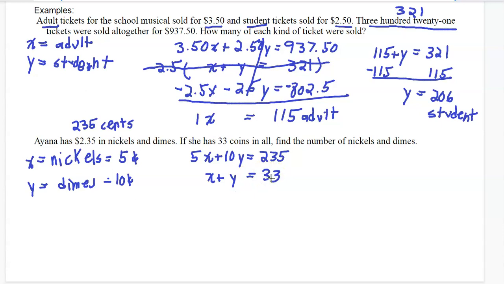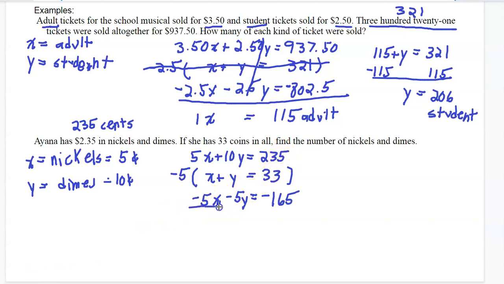Okay, and I know I have 33 coins in all, so I have x plus y equals 33. So again, looks like I'm gonna have to use elimination. I'm gonna go ahead and multiply that bottom equation here by -5. I'm gonna eliminate my x, my nickels here. So that's gonna give me -5x minus 5y equals negative 165.